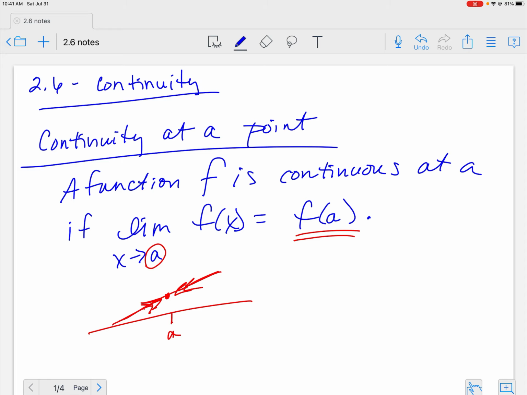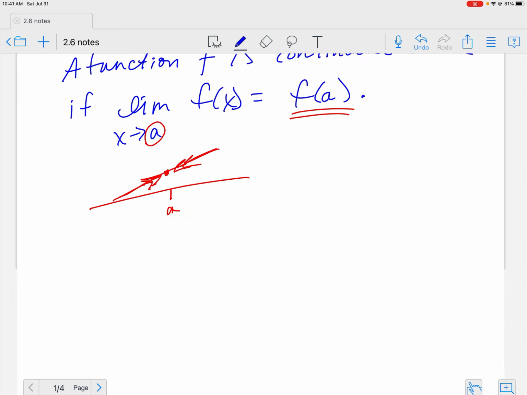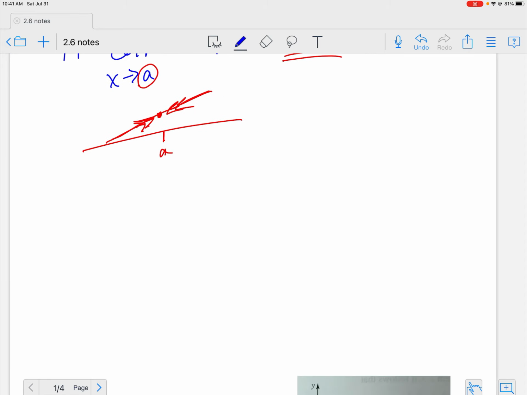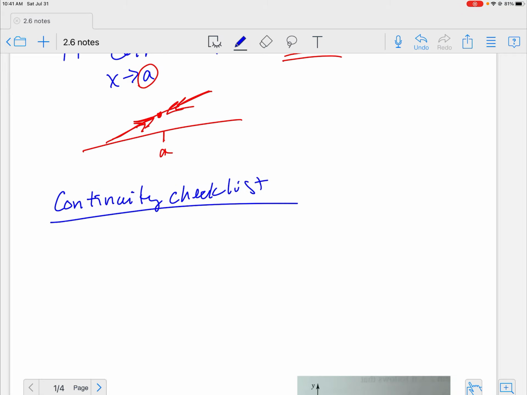All right, so let's come up with a few criteria here for a checklist. A continuity checklist. All right, in order for f to be continuous at a, 3 criteria have to exist.